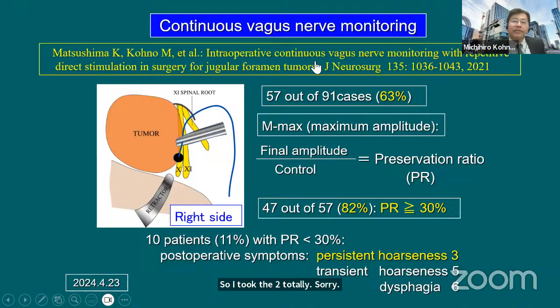About the continuous vagus nerve monitoring, if we preserve more than 30% of the amplitude compared to the control before tumor dissection, we don't have to worry about worsening of the lower cranial functions.